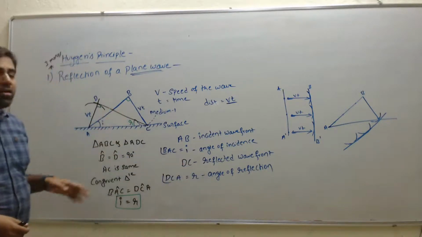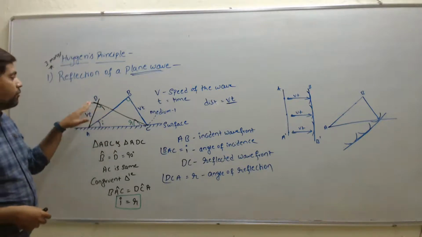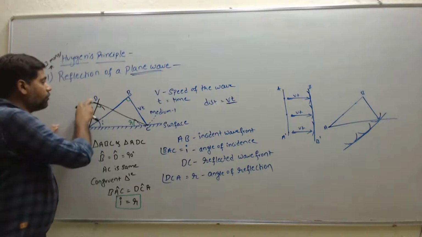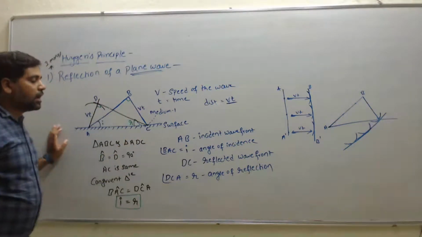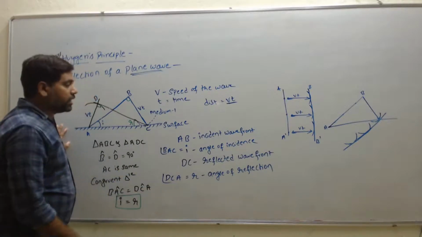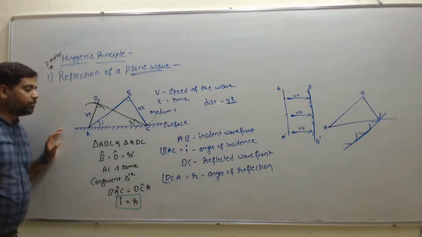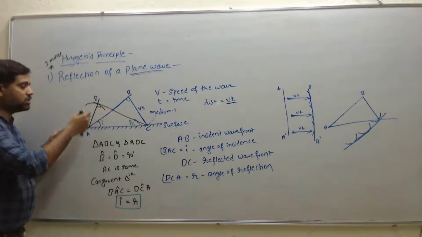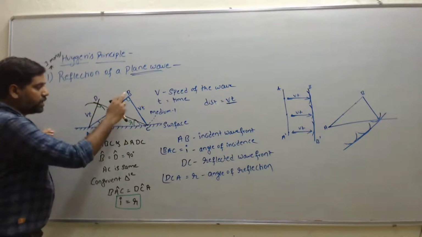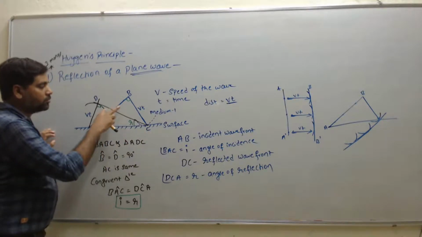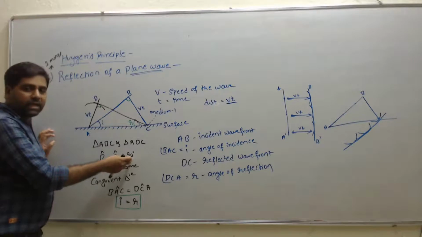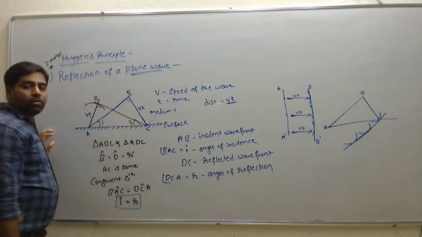At every point, we draw the spheres and draw the tangent to those wavelets. We get the reflected wavefront DC, and the angle it makes with the surface is the angle of reflection. From the geometry, observing the two triangles ABC and ADC, angle D and angle B are 90 degrees, because here we are drawing the normal.